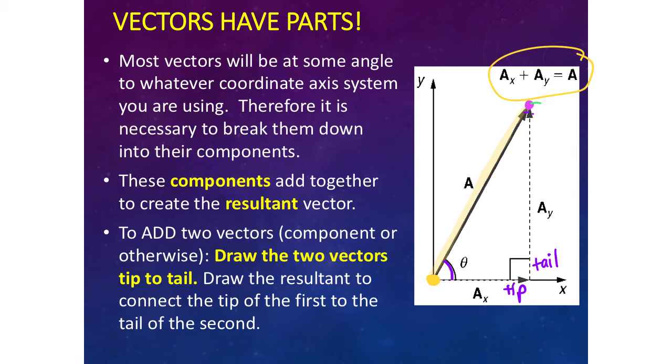The most helpful thing is that it creates for us a right triangle with our x component on one side, our y component on the other side, and what we call our resultant vector, which is the vector that is the added up one, which is the one we're looking at. That becomes the hypotenuse of a right triangle.